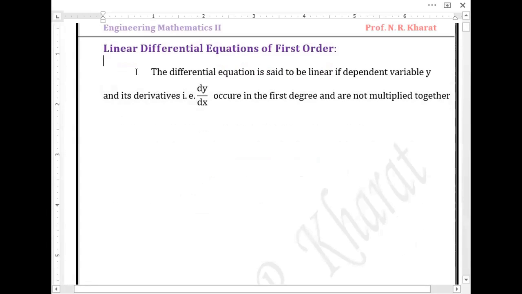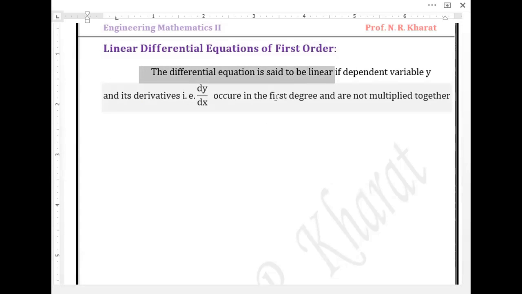The definition of a linear differential equation is that a differential equation is said to be linear if the dependent variable y and its derivative, that is dy by dx, occur in first degree.